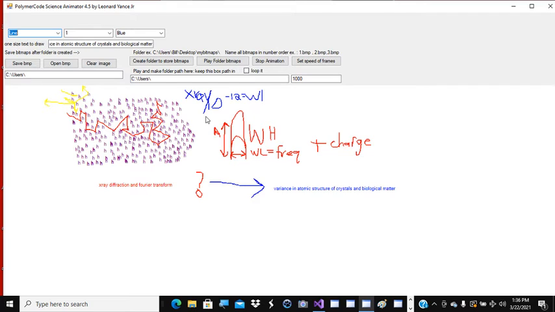If they're 10 to the negative 12th, that means that the X-rays can fit between the electrons of atoms. And when they do, they diffract, and in patterns like this, from the surface. But what happens is they bounce all around, and you no longer know where they came from.